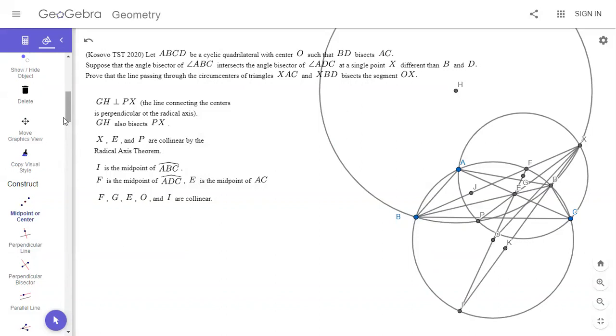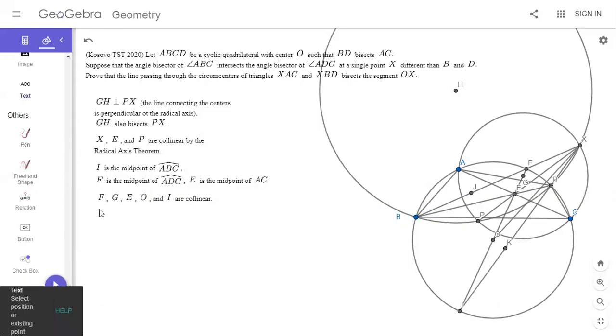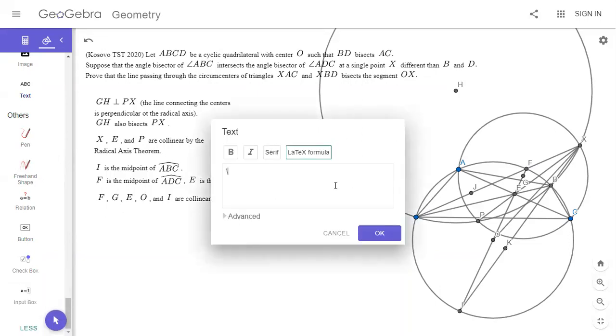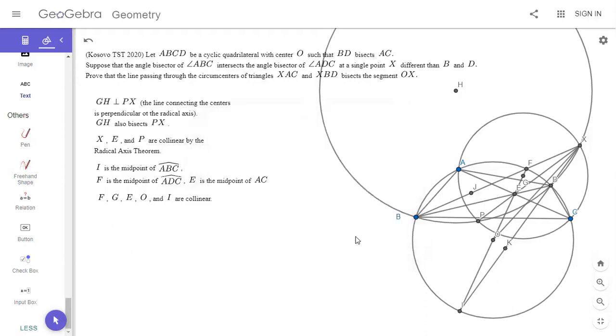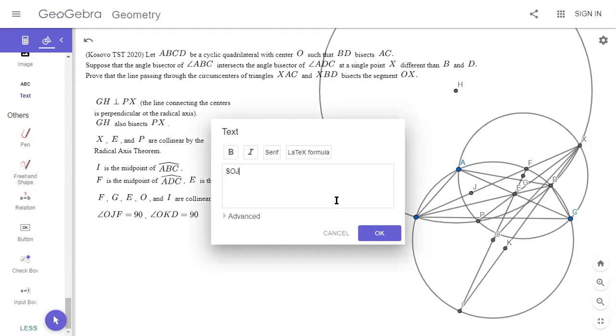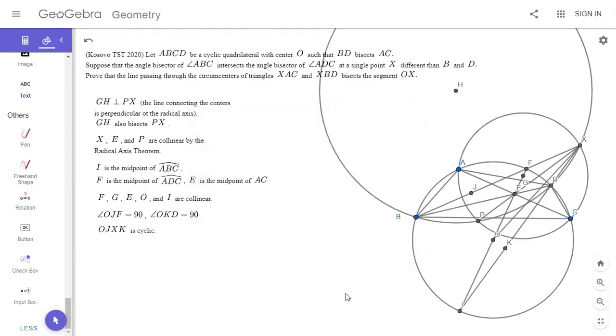So we have angle OJF is 90 and angle OKD is 90. So that means OJXK is cyclic. All right. And we want to show P lies on that circle.